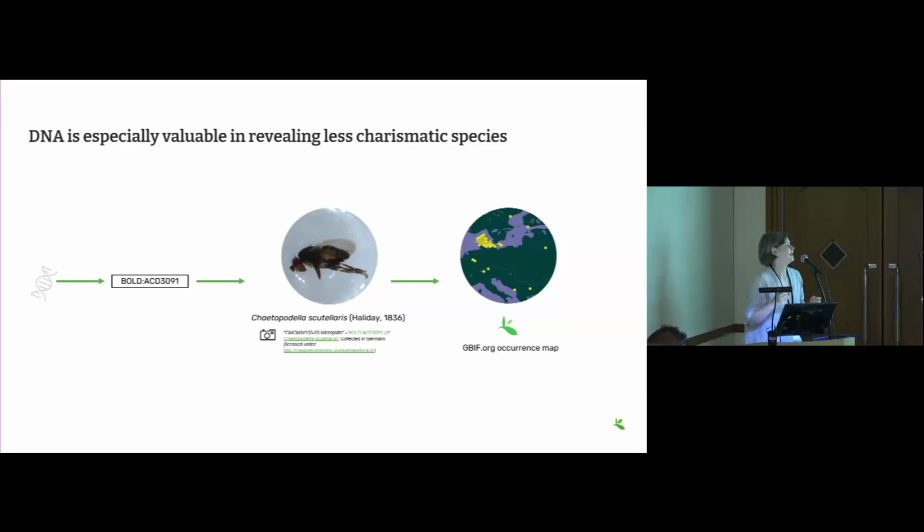And then we sequenced them all, which gave a complete distribution of this species across Denmark. So with one single project using metabarcoding, we can reveal what 15 years of references supported.